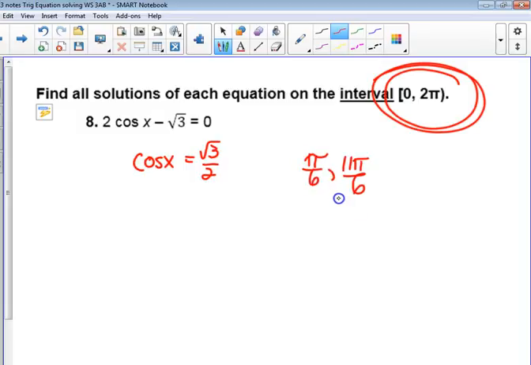Did I do it right in my head? Make sure I get the right quadrants. You good, Jared?